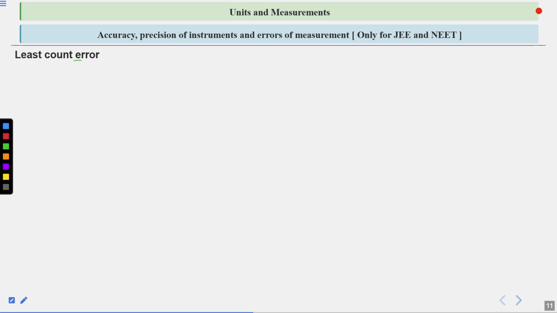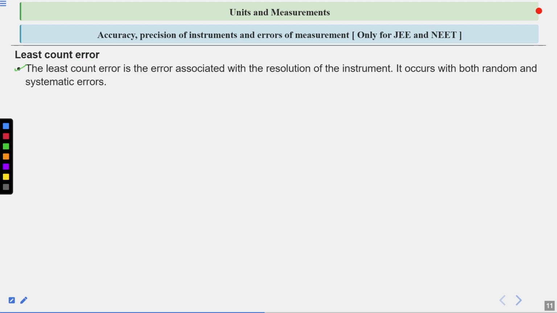Least count error. The least count error is the error associated with the resolution of the instrument. It occurs with both random and systematic errors. We know two types of errors: random errors and systematic errors.